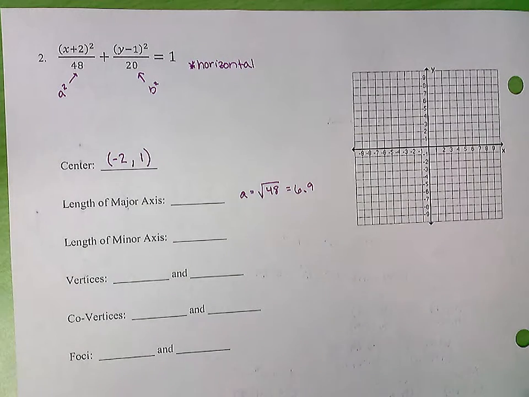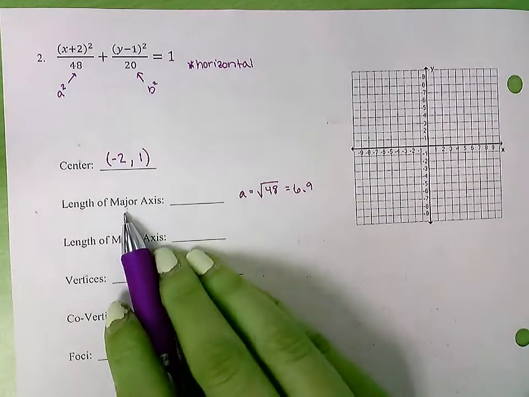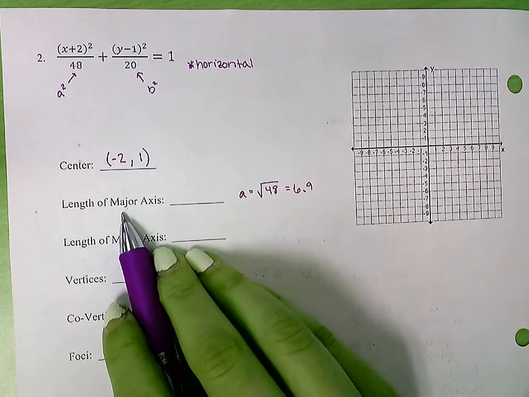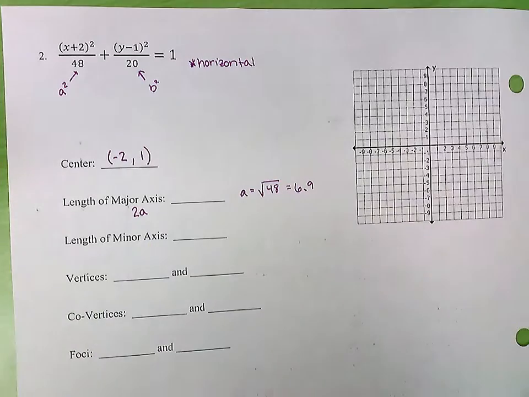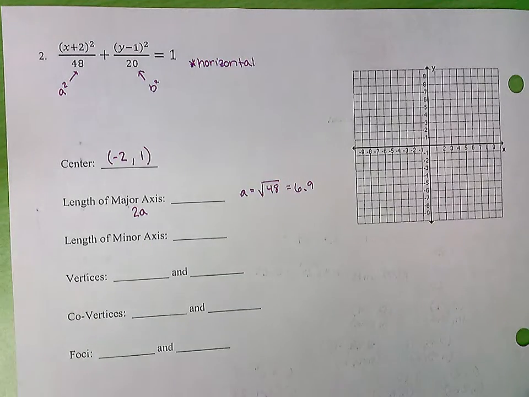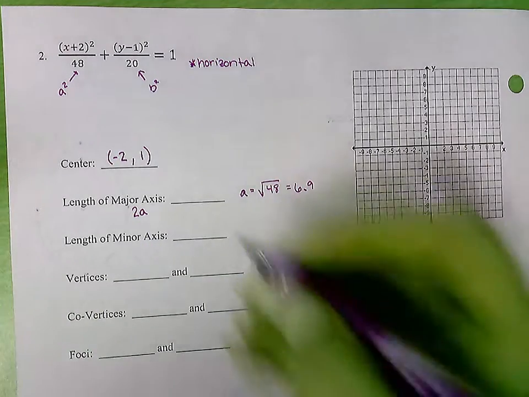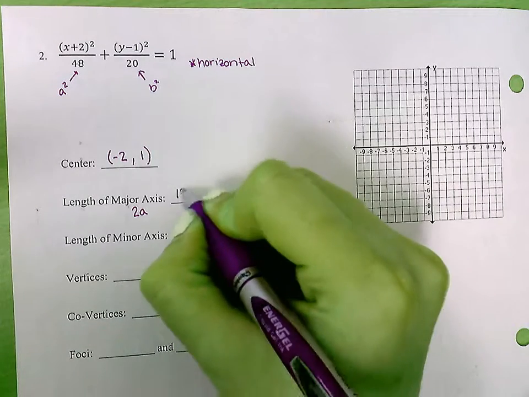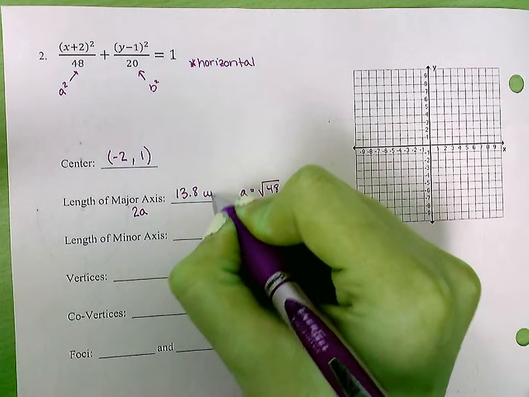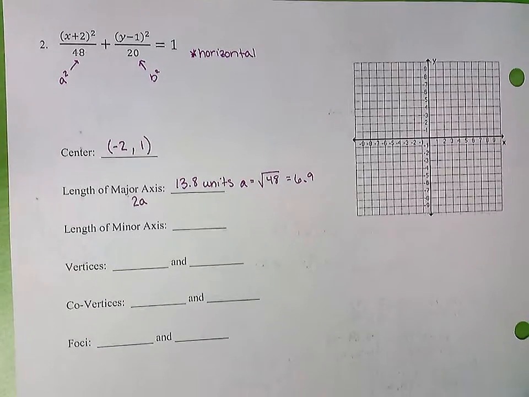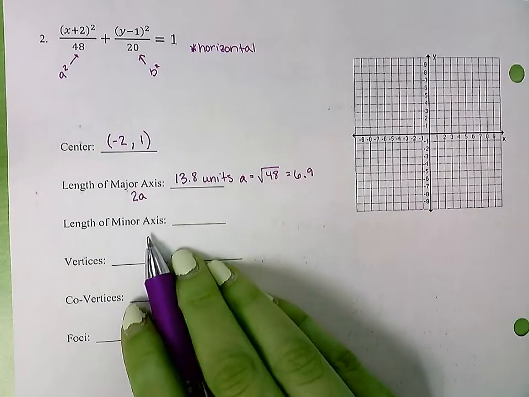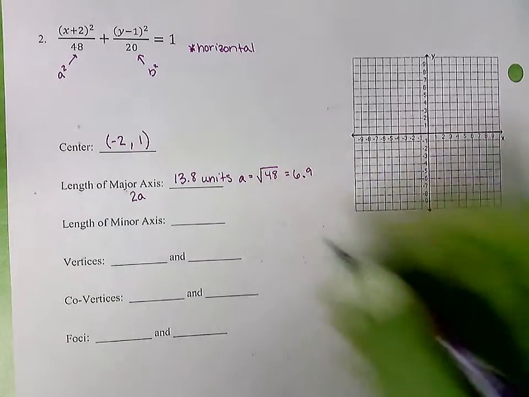To get the major axis, you're going to multiply a by 2, and that will give you 13.8 units. To find your minor axis, you need b.